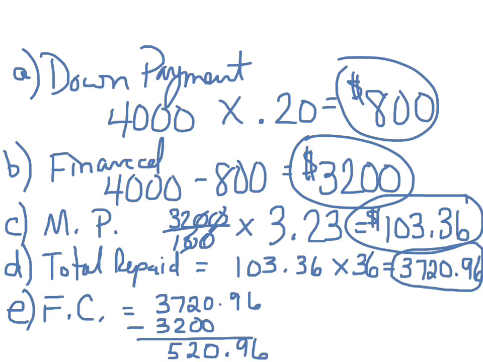Then as far as finding the monthly payment, total repaid, and finance charge, that's what we did for C, D, and E. On 7 and 8, it says, determine the monthly payment and the finance charge. So you'll have to do the same thing we just did there. On 9 through 12, it says, determine the down payment, amount of loan, monthly payment, and finance charge. So you'll have to do some stuff there. Okay?